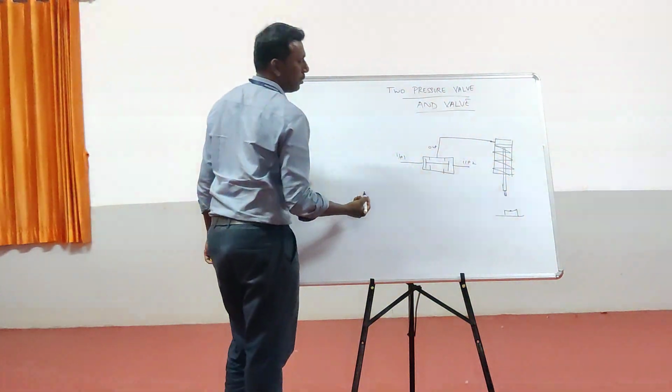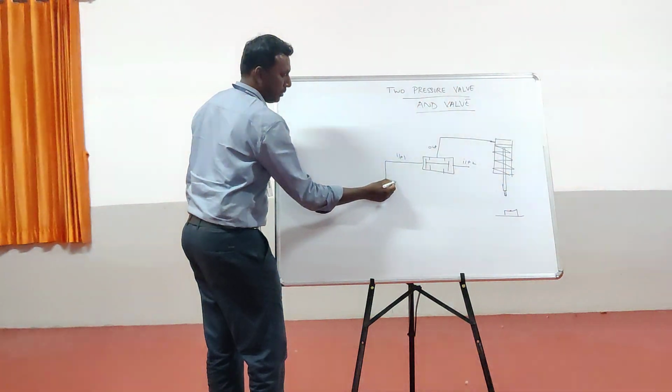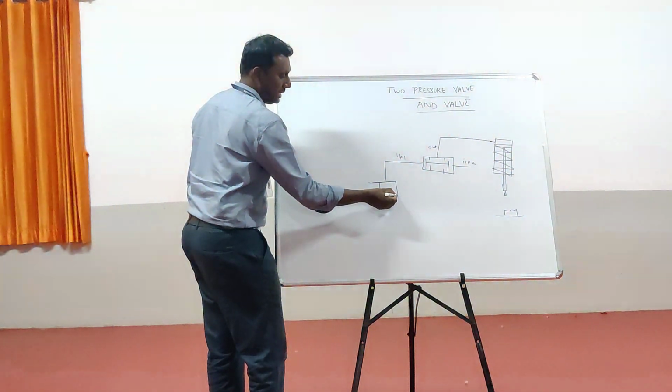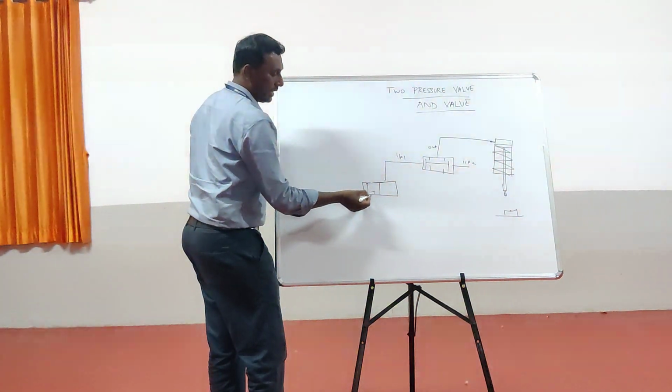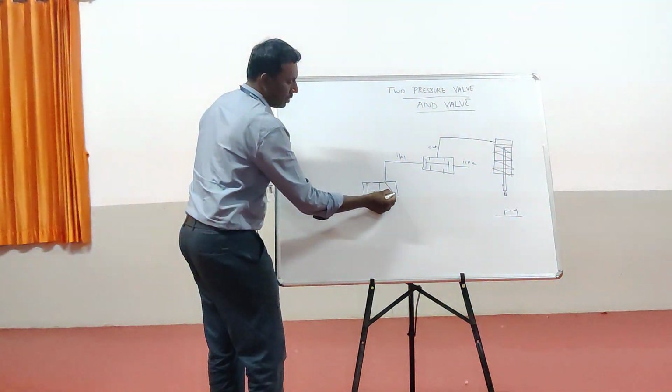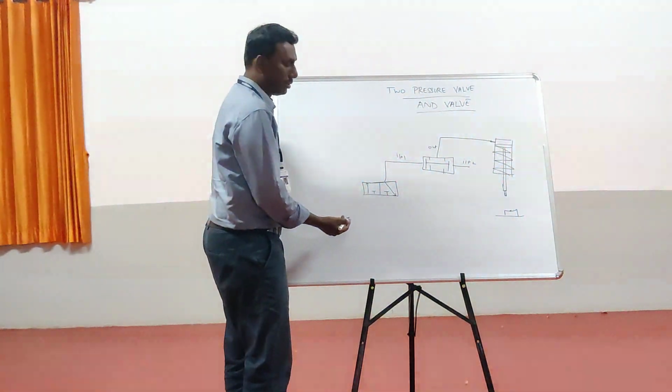Inputs 1 and 2 of the AND valve are connected with the help of 3/2 DCVs. DCV means direction control valve. It has 3 ports and 2 positions.